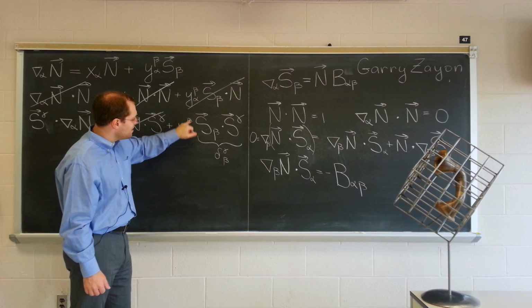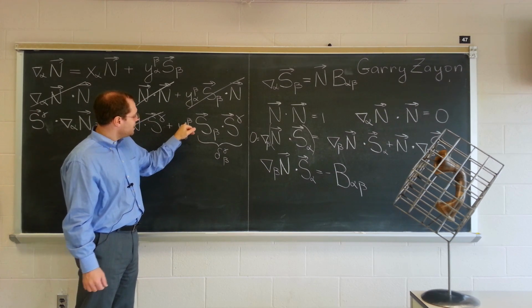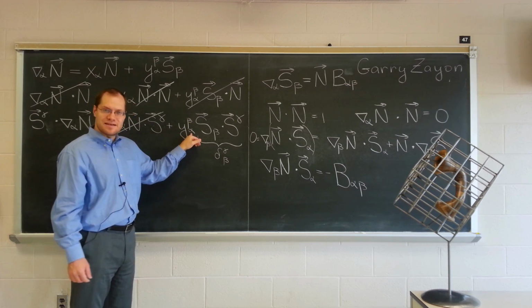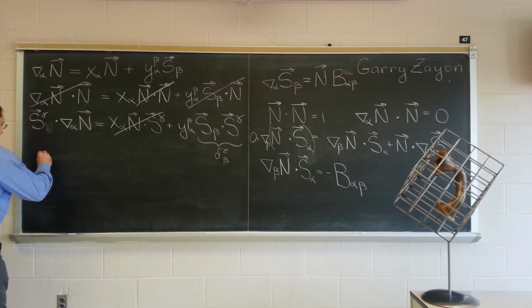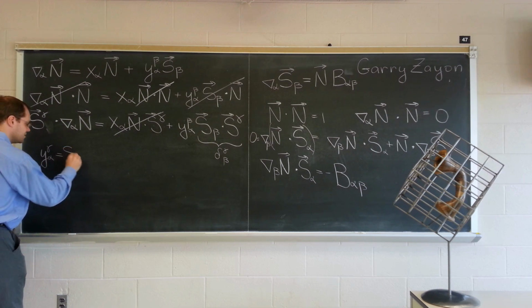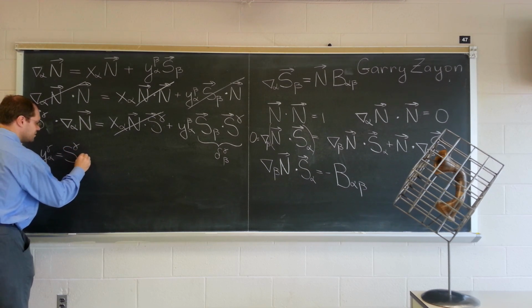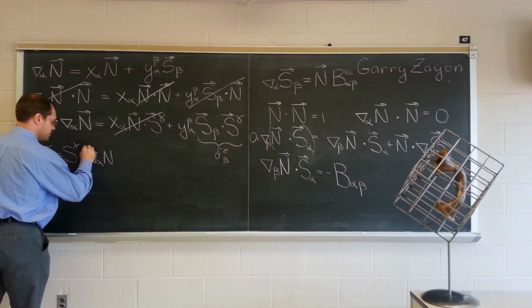So we'll have y gamma alpha all by itself, which is our goal. Our goal is to determine this quantity, so that's good. So y gamma alpha equals S gamma dotted with grad alpha of the normal vector.